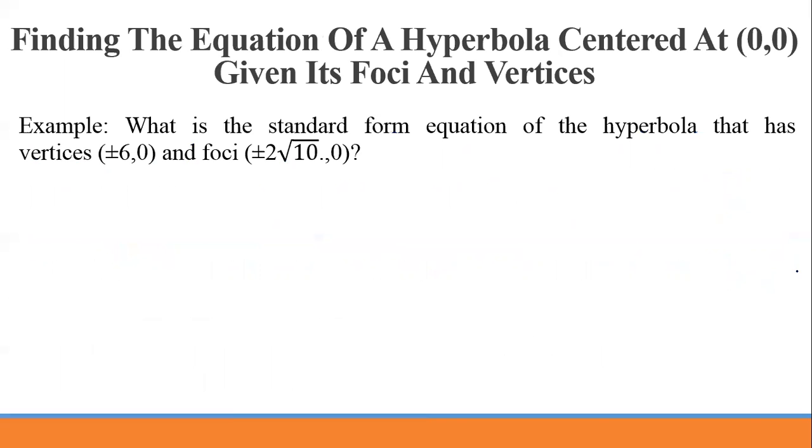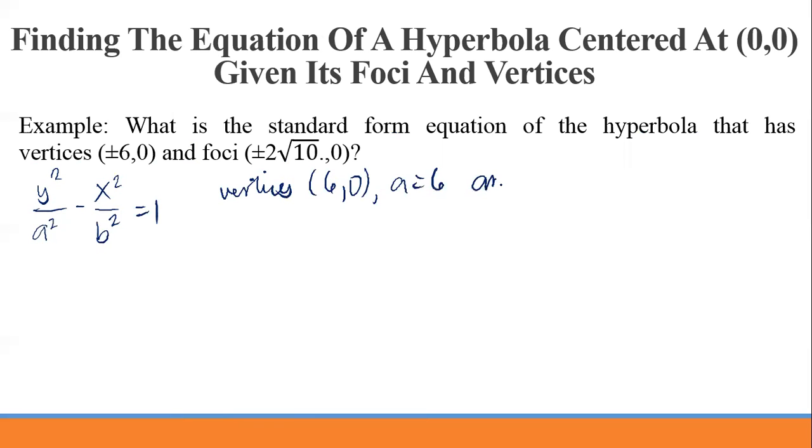Alright? So, paano yan? The vertices and foci are on the x-axis. So, the equation for the hyperbola will have the form y squared over a squared minus x squared over b squared equals 1. Since the foci and vertices are on the x-axis. So ano ba yung mga vertices natin? So yung vertices ay 6, 0, a is equal to 6, and so yung a squared natin is 36.